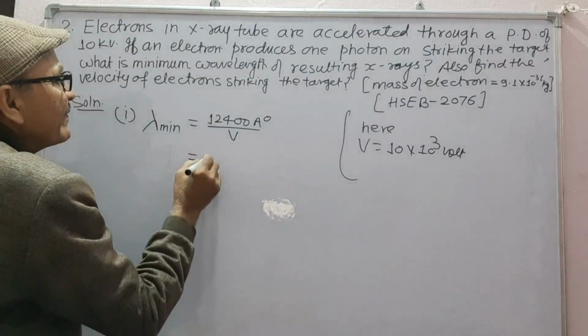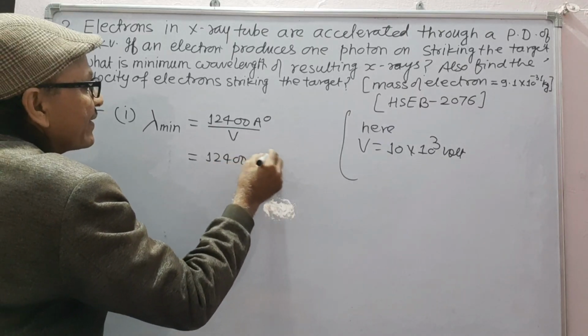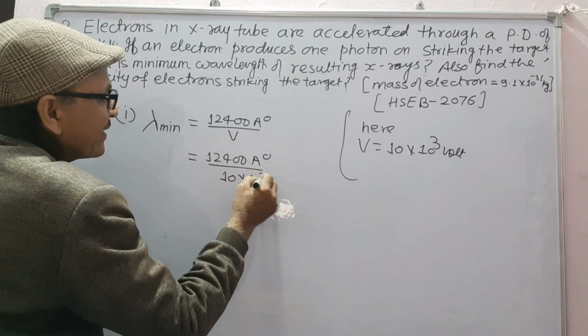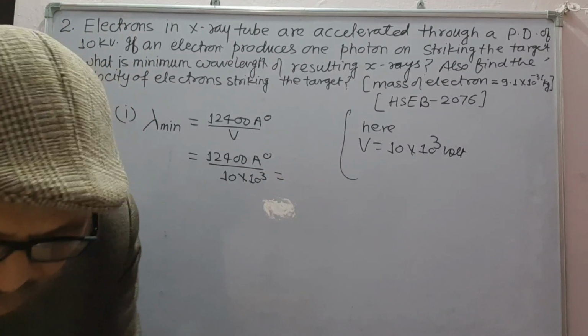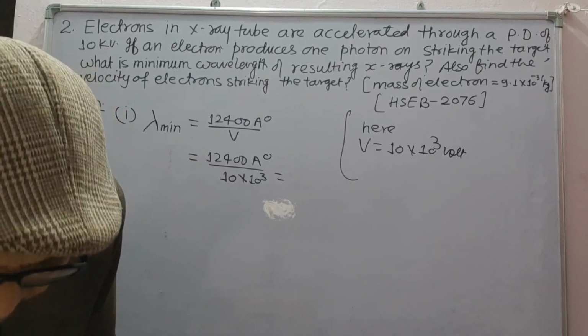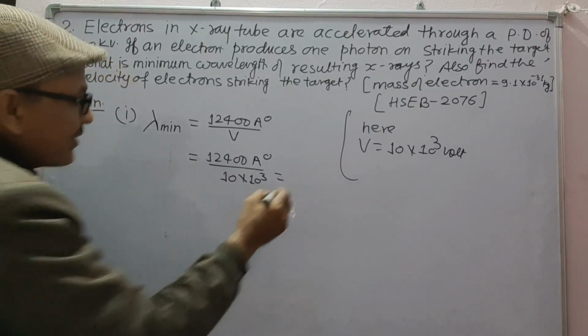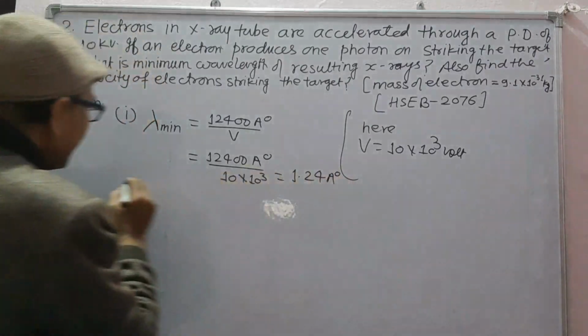Therefore, it will be 12,400 angstrom divided by 10 into 10 to power 3. On simplification, we get lambda minimum as 1.24 angstrom.